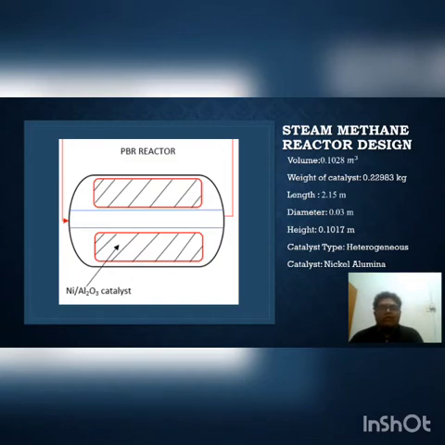Weight of catalyst is 0.22983 kilogram. The length is 2.15 meter. The diameter is 0.03 meter. The height of our reactor is 0.1017 meter. Meanwhile, the catalyst type is heterogeneous, and the catalyst that we use in our chemical process is nickel alumina.